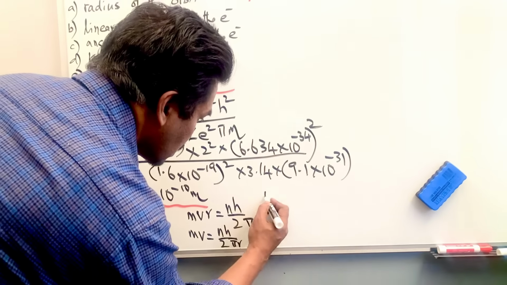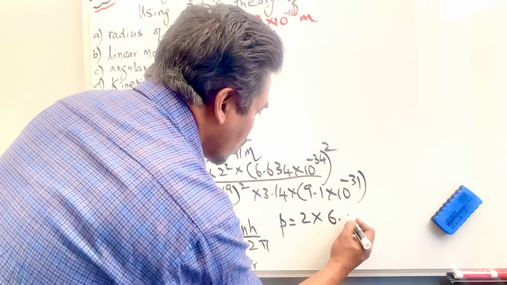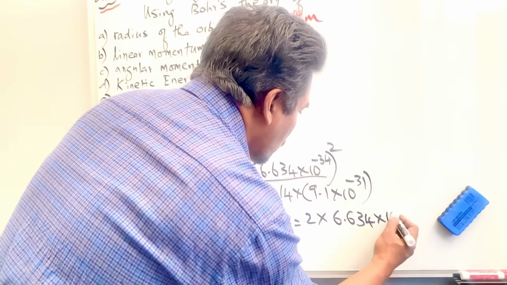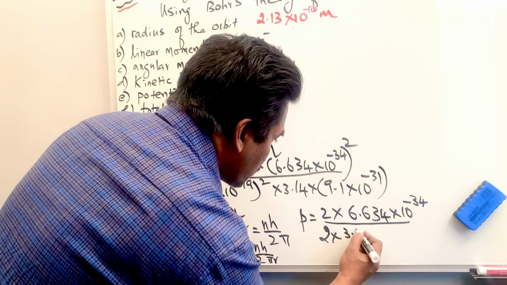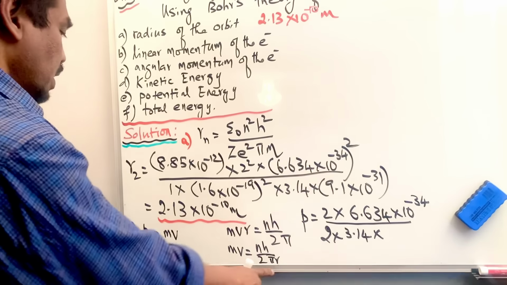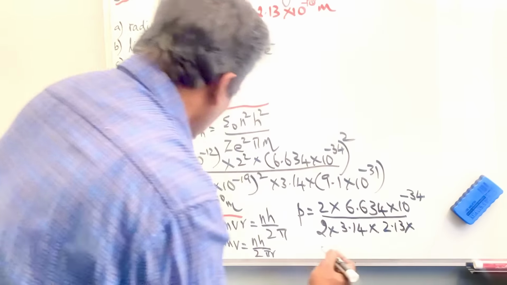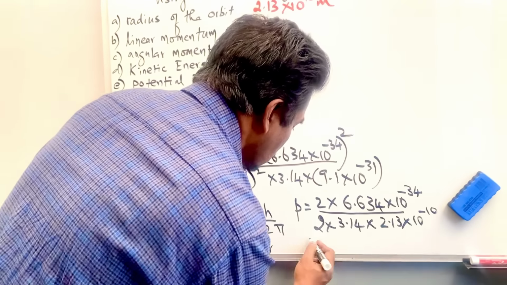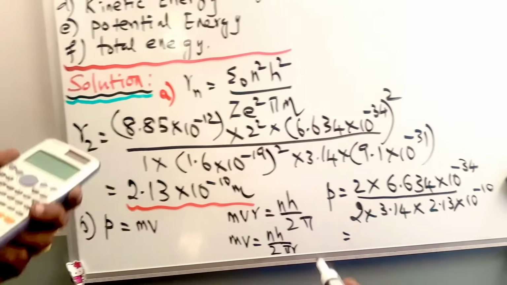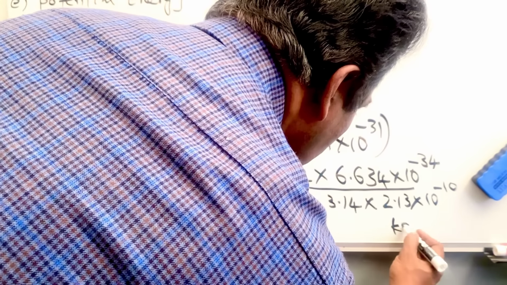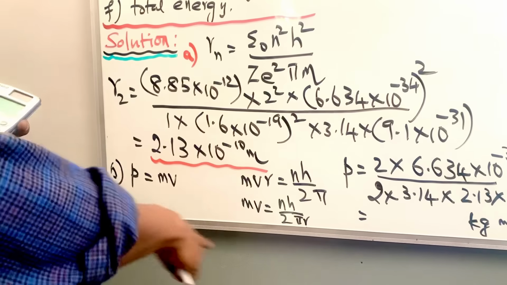So P will be equal to, n is equal to 2, h, Planck's constant, 6.634 times 10 to the power negative 34, divided by 2 pi, 3.14, and the radius we already calculated, 2.13 times 10 to the power negative 10. The unit for the momentum is kilogram meter per second, since m is in kilograms and velocity in meters per second.